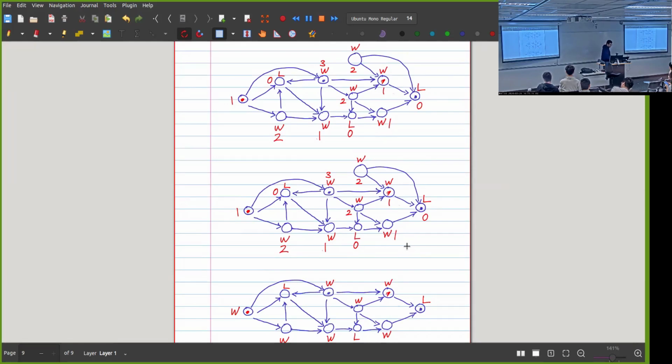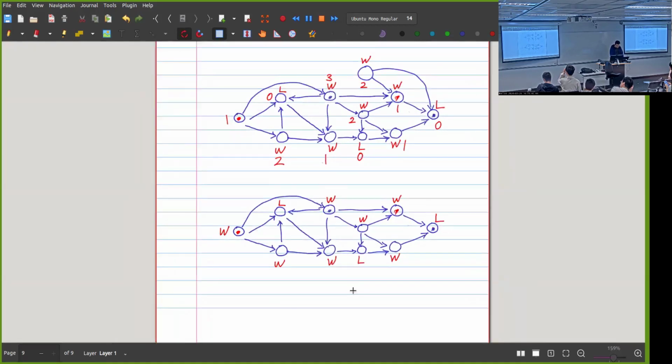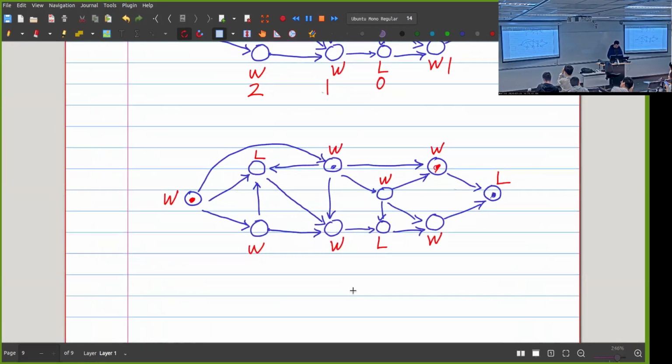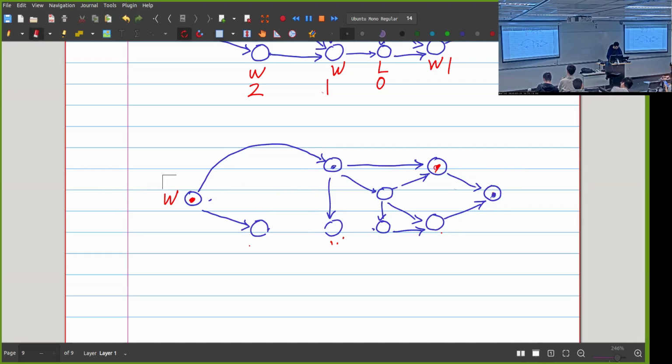I have already computed numbers for the first 2 games. Let's compute numbers for this third one. And actually, let me just remove some of the edges to make my life easier. So I don't even want that vertex. Let's say this is my third game, and I just want to compute numbers here.